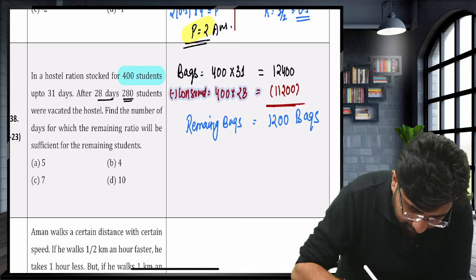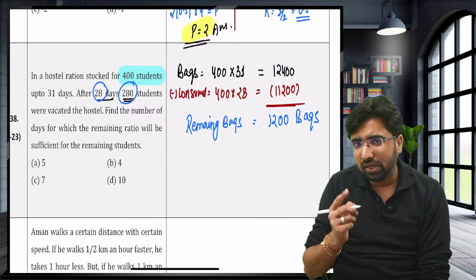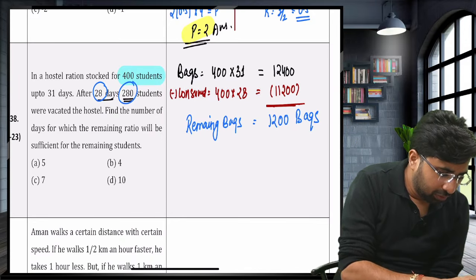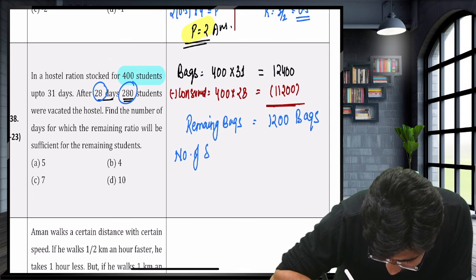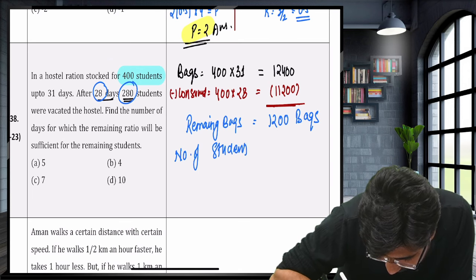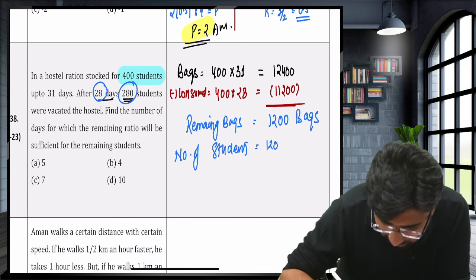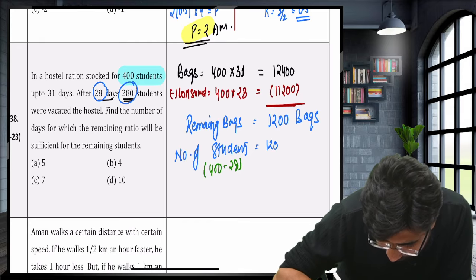Now, after 28 days, 280 students left. Out of 400, 280 left.